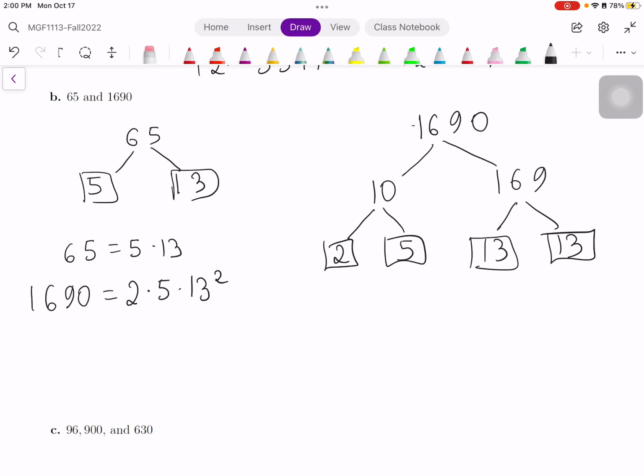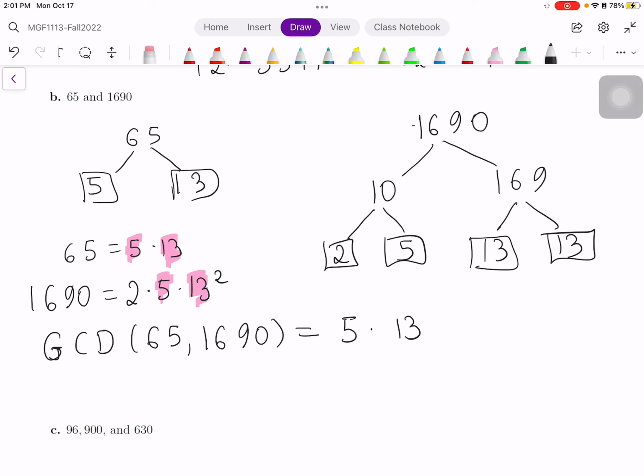So this time, let's start the same way, with the greatest common divisor. The greatest common divisor of 65 and 1690 would be, I only select common prime bases, so 5 and 13. And if there are two different powers: in case of 5, both times it appeared with power 1 only.